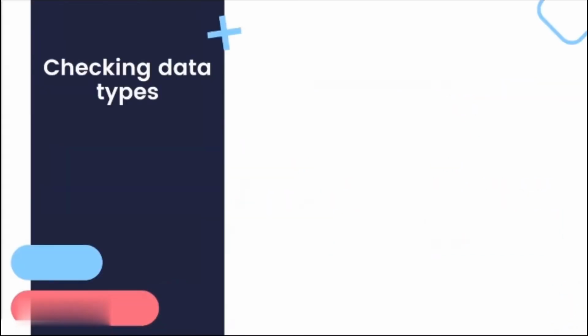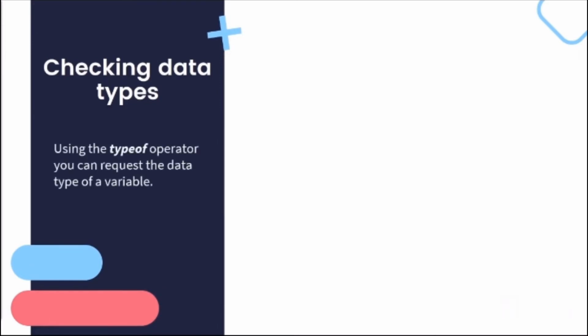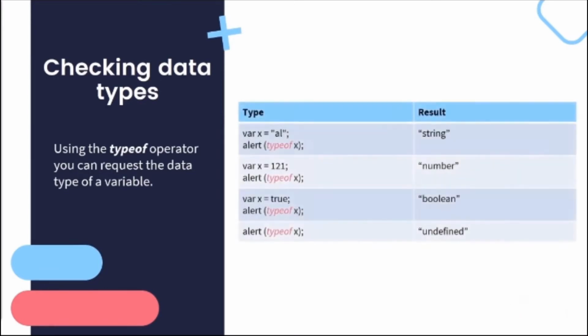So you might be wondering what happens if you don't know the data type of a variable, and this is often the case when you have lengthy code. Well, you can simply use the typeof operator to request the data type that's assigned to a variable, and here are a couple of examples. In our first instance, we have a variable x, and we've given it a value of L. Then what we are doing is we are alerting the typeof operator on the x variable, and the result we get is string.